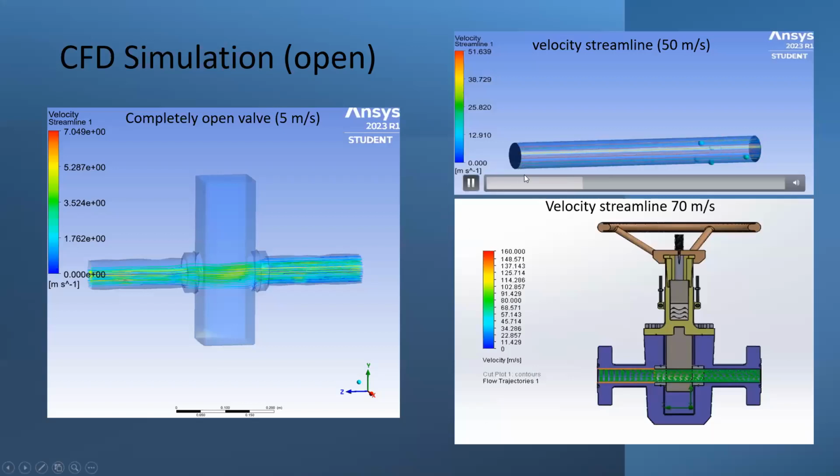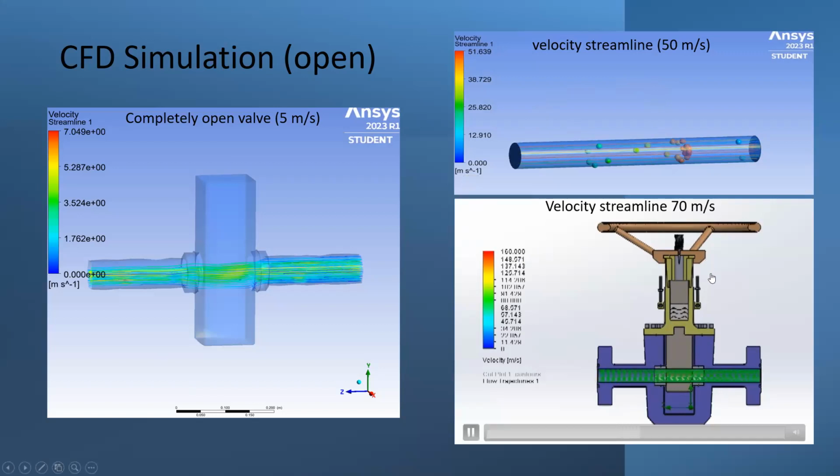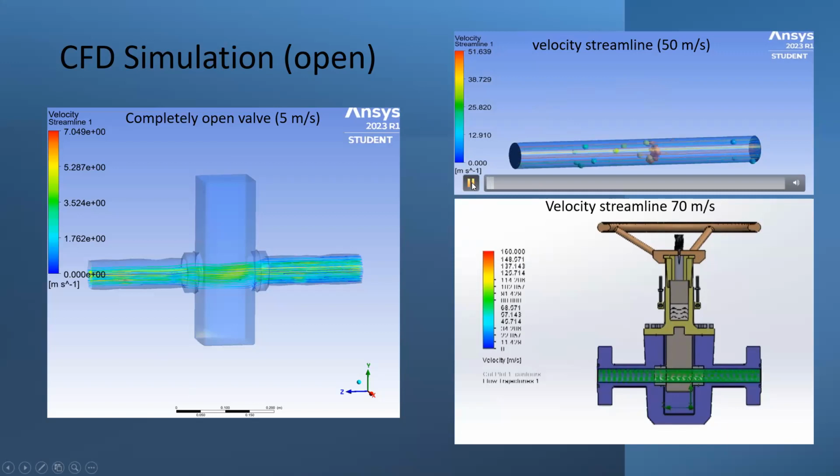This slide has a video showing step by step the velocity streamline for 50 meters per second and 70 meters per second when the gate is fully open.